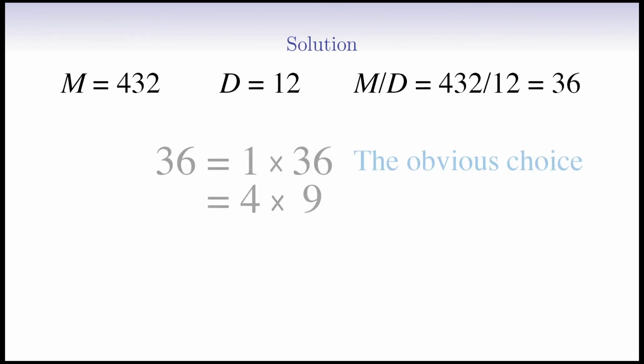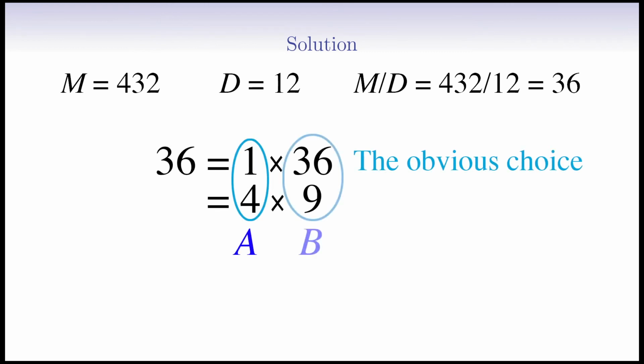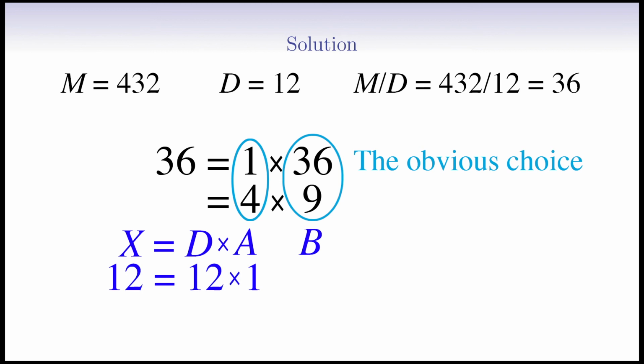Therefore, we have two sets of solutions for a and b, which are a equal to 1 and b equal to 36, and a equal to 4 and b equal to 9. Very good. The problem is pretty much solved. We only need to identify x and y. Since x is equal to d multiplied by a, the first solution for x is 12 multiplied by 1, which is 12.